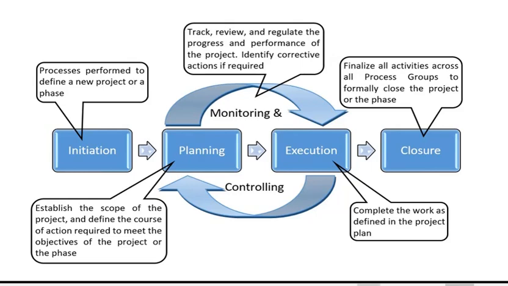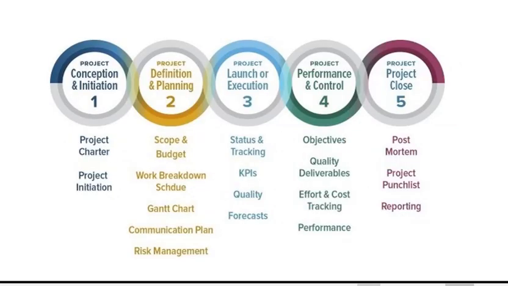In addition, they will also identify and mitigate risk to deal with problems and incorporate any changes. So, this is the documents. So, these are the basic things that are included under the execution phase, that is status and tracking, KPIs, quality management, and forecasts.